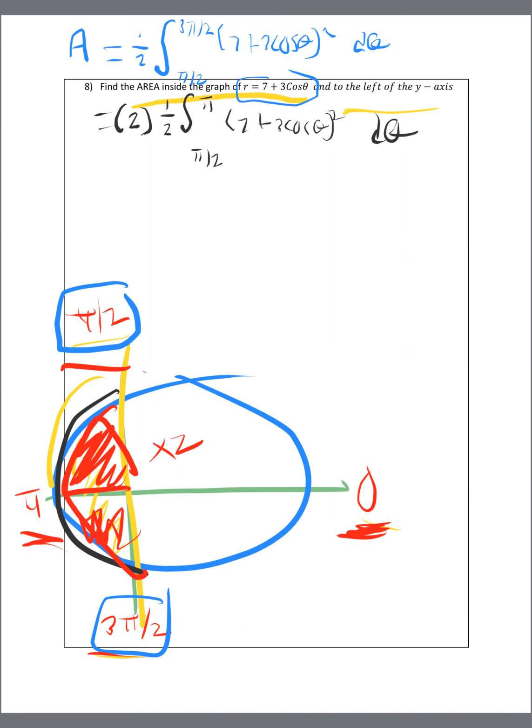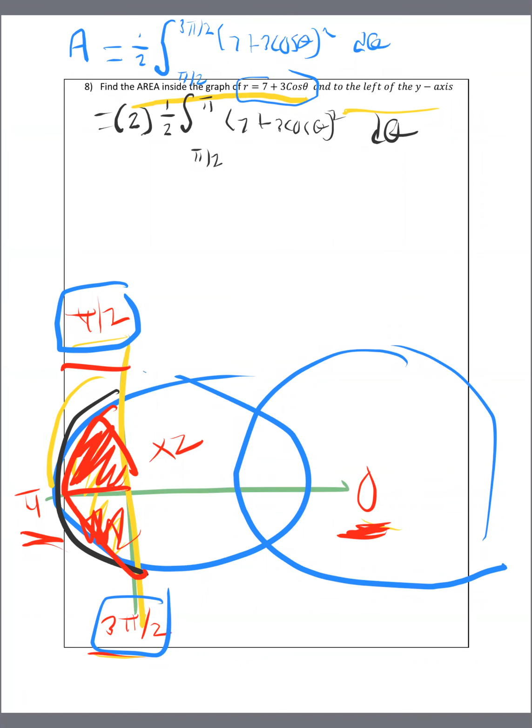Sometimes it'll show you another graph like this, and it'll ask you for this region over here, and notice how these little black points that I'm marking are not easily identifiable. You can guess and estimate what they are. I know that this is probably pi over 6, and this is probably negative pi over 6 or something, but it's not that simple. It just depends on what your bounds are. And this problem does happen to be easier with the bounds. I don't know if that answers your question, but no, it's not always those little points.